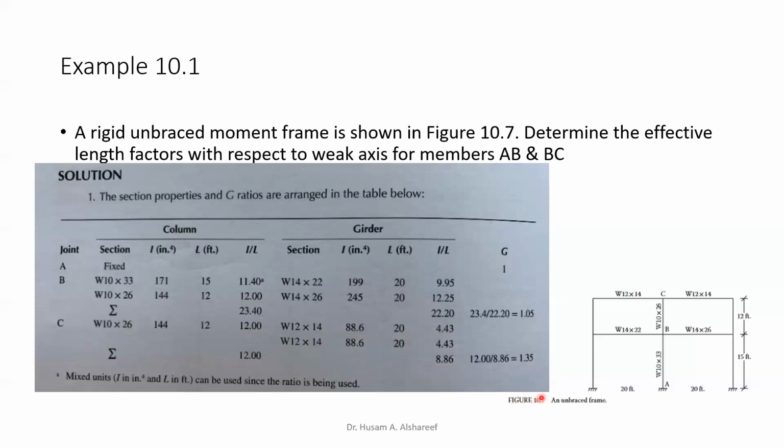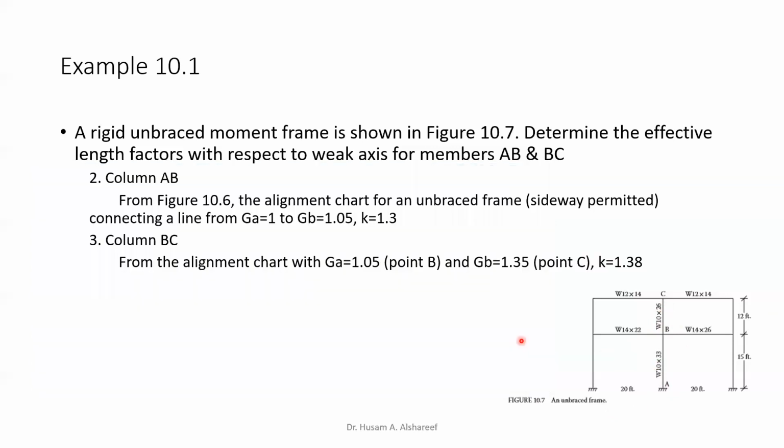Now, from this process, we found the G value at joint A, joint B, and joint C. Why did we have to find this? To use the alignment charts so we can find the K value for each column. So then we go to the second step here.